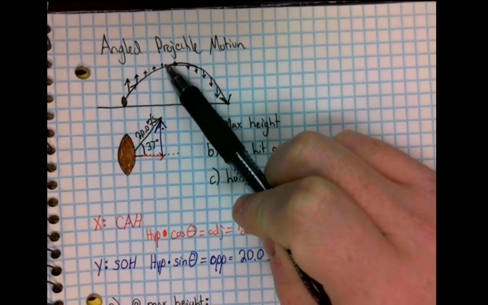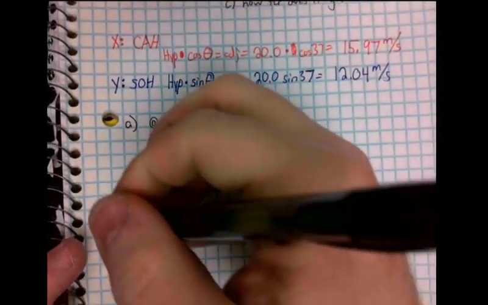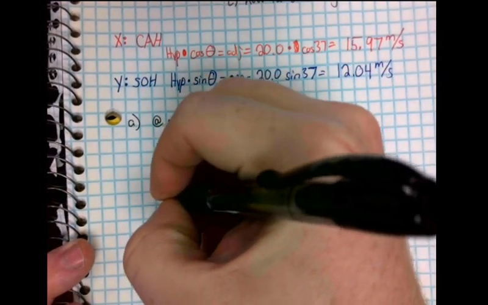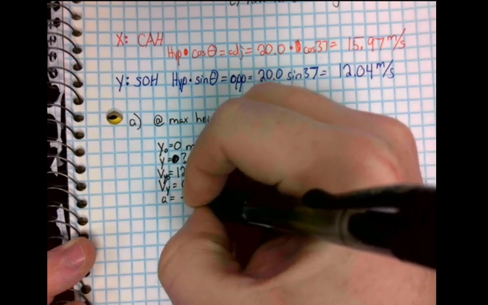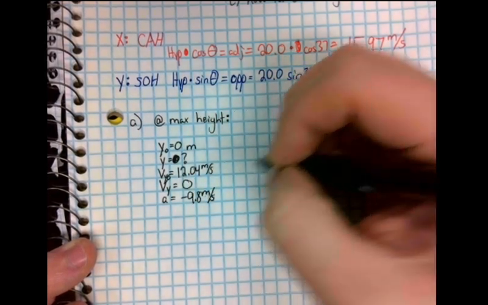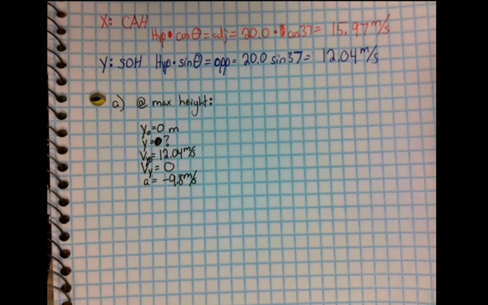It stops going up or down, and for that brief moment, it's going to have a final y velocity of 0. And then we know our acceleration is negative 9.8 meters per second squared. So with all that information, we should be able to figure out what our y is.